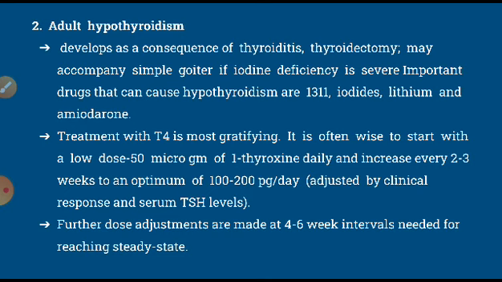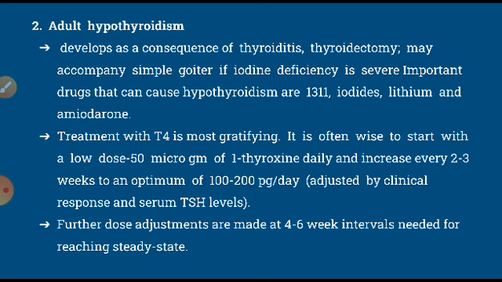In case of adult hypothyroidism, which is a very common condition, it develops as a consequence of thyroiditis, thyroidectomy, or may accompany simple goiter if iodine deficiency is severe. Important drugs that can cause hypothyroidism are I-131, iodides, lithium, and amiodarone.